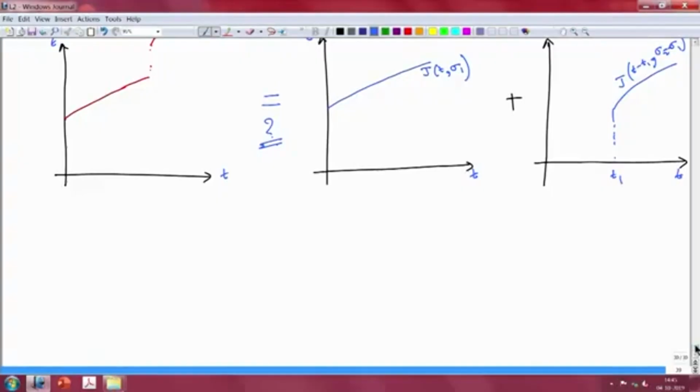So, even in this case you just hope that the superposition of separate responses holds, and that linearity of scaling also holds, and then life is easier. Okay. Let us just see one more example.